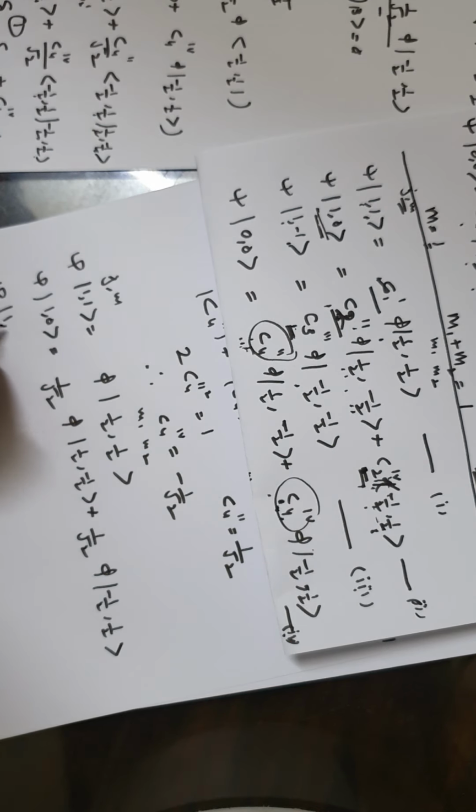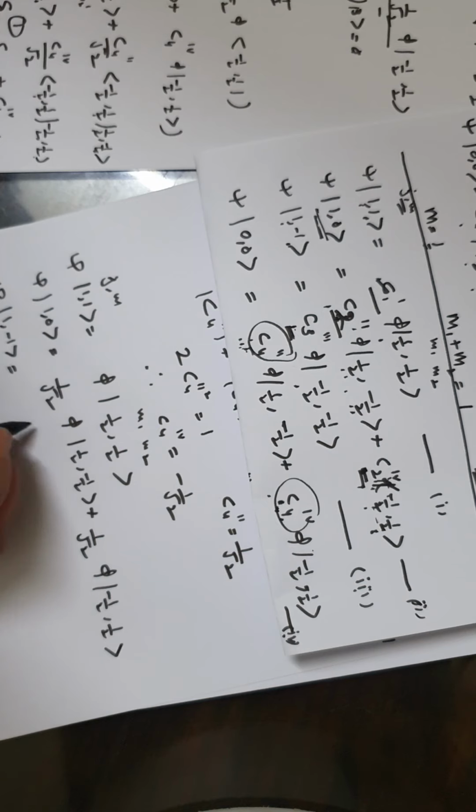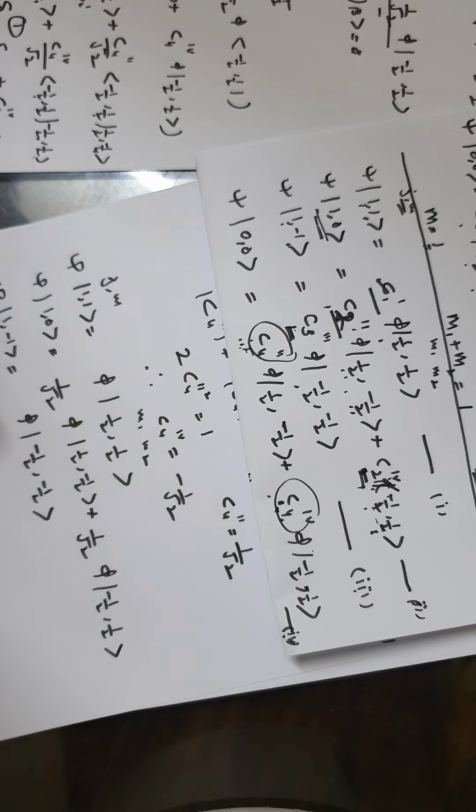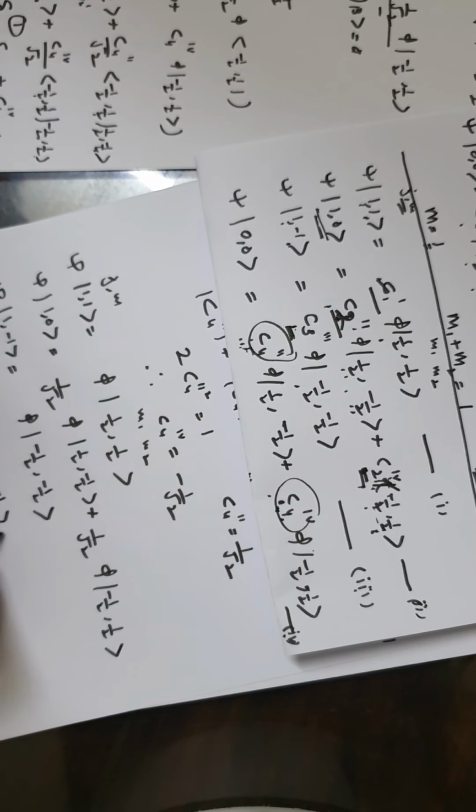Psi 1 minus 1 will be equal to 1 into phi minus 1 by 2 minus 1 by 2. And psi 0 0 will be equal to 1 over under root 2 phi 1 by 2 minus 1 by 2 plus minus 1 by under root 2 phi minus 1 by 2 1 by 2.